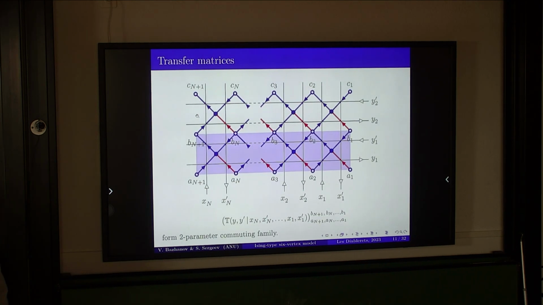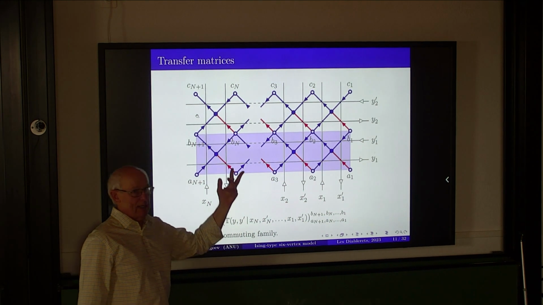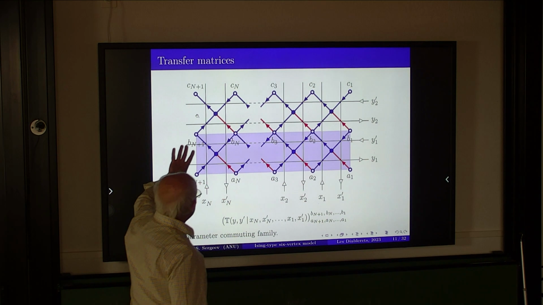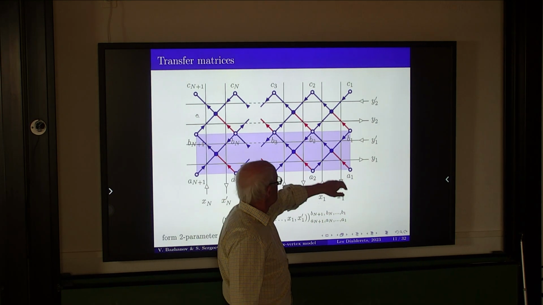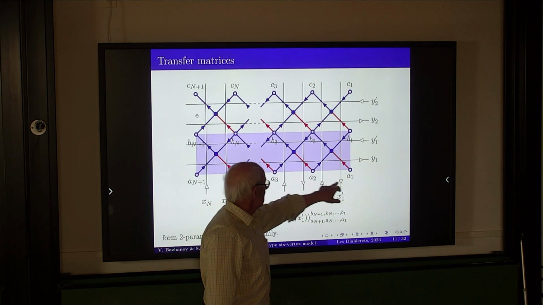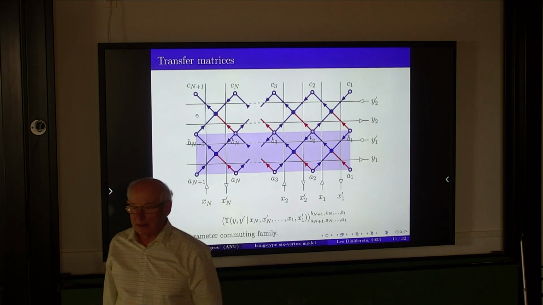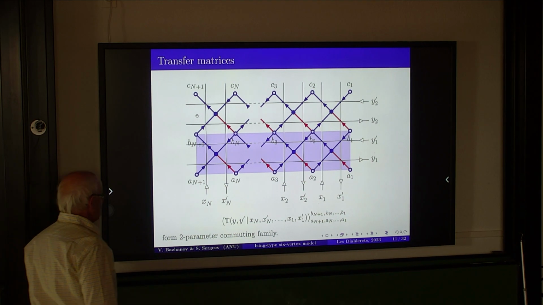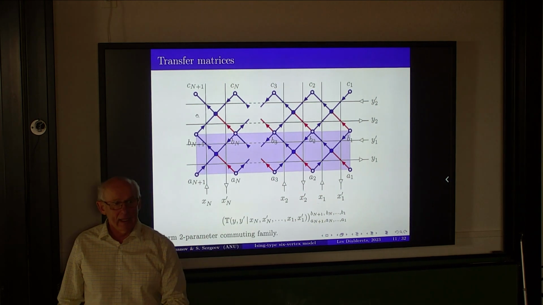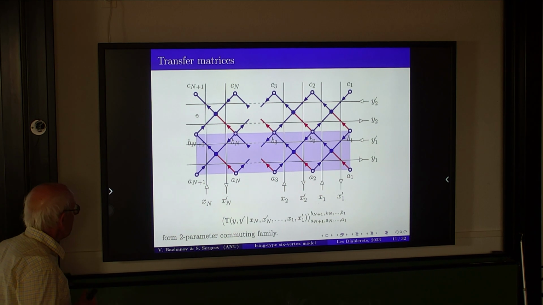Okay, so go further. With a spectral variable line, we expect that it will be an integrable model, and that is a transfer matrix. The matrix is indexed by multi-indices, and they form a two-parameter commuting family when these x's are fixed, and y1 and y2 can be varied.